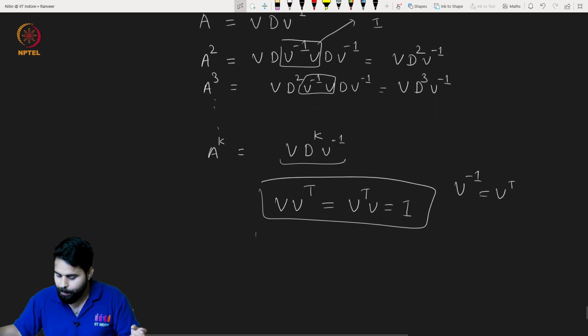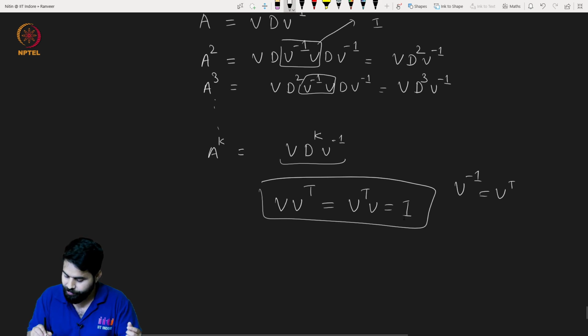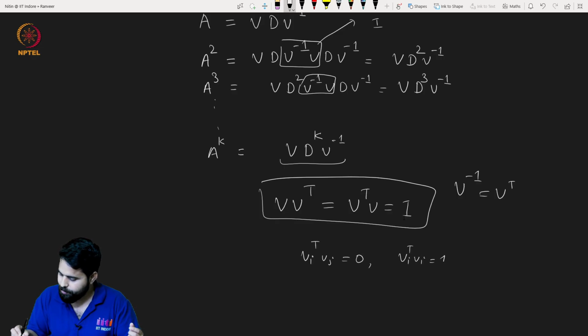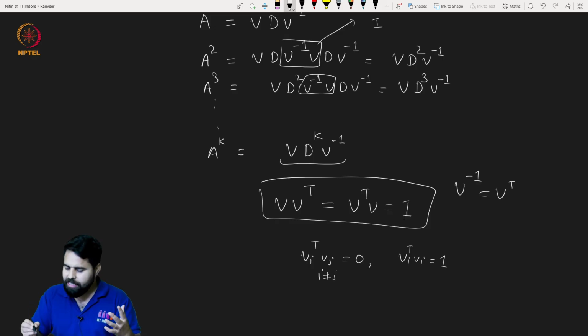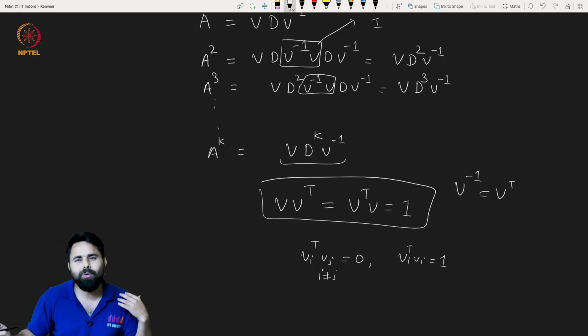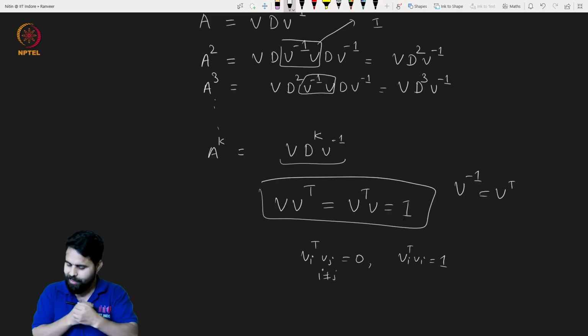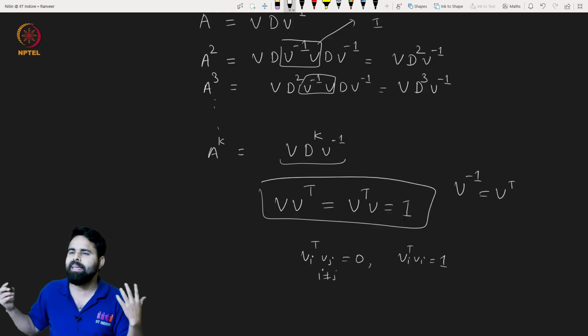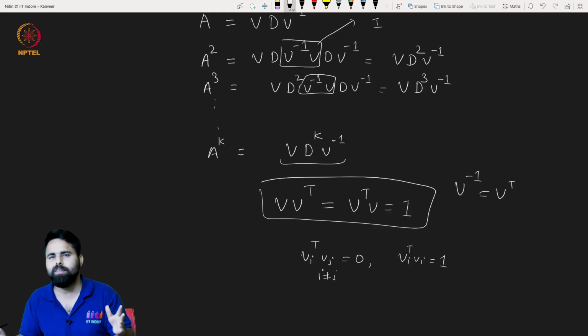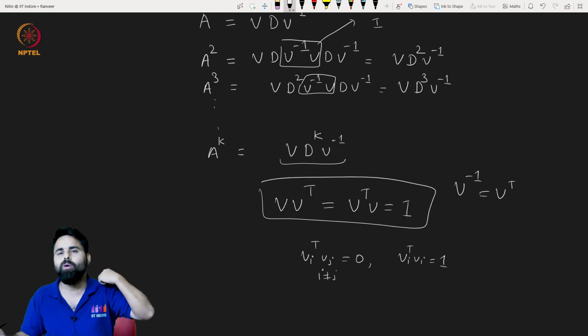That means if you pick any two column vectors, say Vi and Vj, their dot product is 0 when i is not equal to j, and the dot product with itself is 1. Such a matrix we call an orthonormal or orthogonal matrix. Sometimes I will use orthogonal, but for simplicity I will always take these vectors to be normalized, so the meaning is essentially orthonormal.